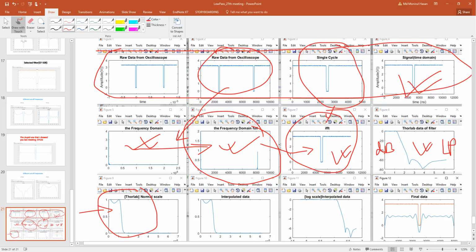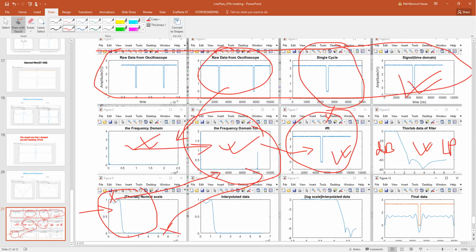Then what do we need to do? We need to collect data so that the frequency range of the low pass filter matches the frequency range of our original data. To match exactly, we know that we have done the sampling differently.